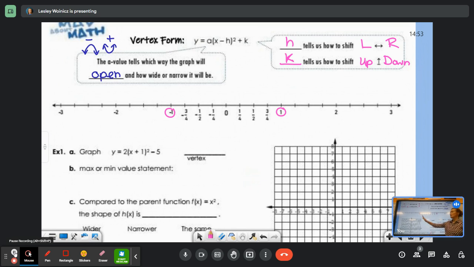When our A was +1, it was the same exact shape as the parent. It was just translated, shifted around. When we had an A value of -1, it was the same parent shape, but upside down like a frown, and we translated it around. Today, we are going to stretch and compress, and then move around and flip upside down and do all that stuff.